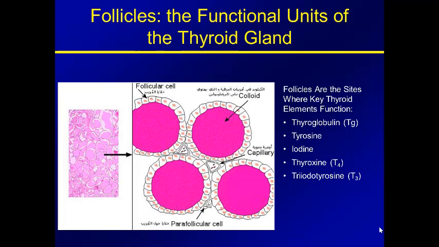The follicle is the site where key thyroid elements are present. This key is thyroglobulin with tyrosine, iodinated by the presence of iodine, which lastly gives two main hormones, thyroxine, T4, and triiodotyrosine, T3.